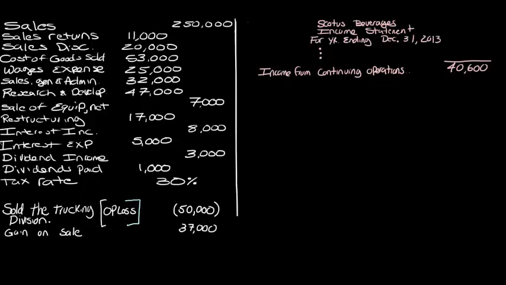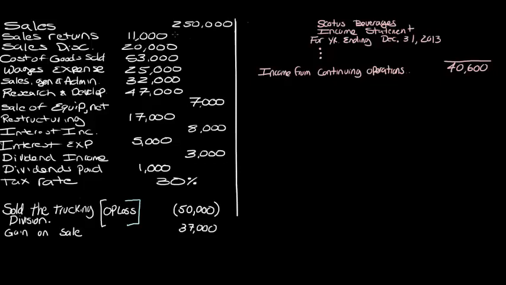So for example, this trucking division not only delivers teas for Scotus, but it delivers for other companies too. It takes on some extra business, and the trucking division charges them to deliver. So when we discontinue an operation, the first thing we do is go in and look at all our regular sales and all of our regular expenses that we've had throughout the year, and we extract out all those related to the division we're getting rid of.